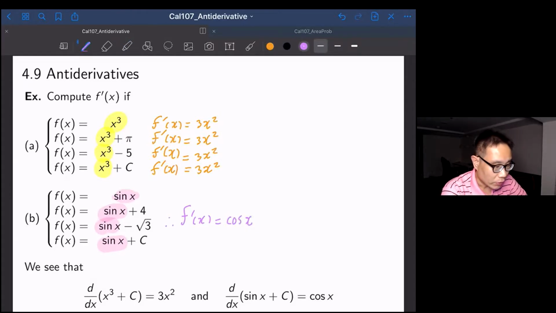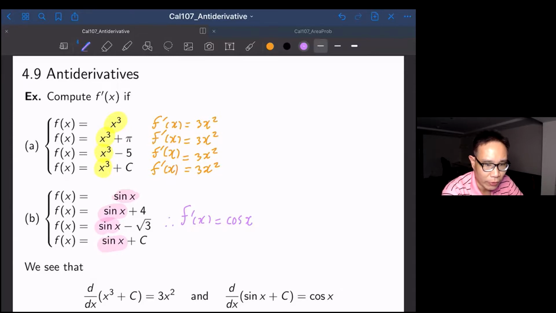So you see that the functions that we have here differ by a constant. So you have sine x plus 4, sine x minus root 3, sine x plus c. They have the same derivative, cosine x.